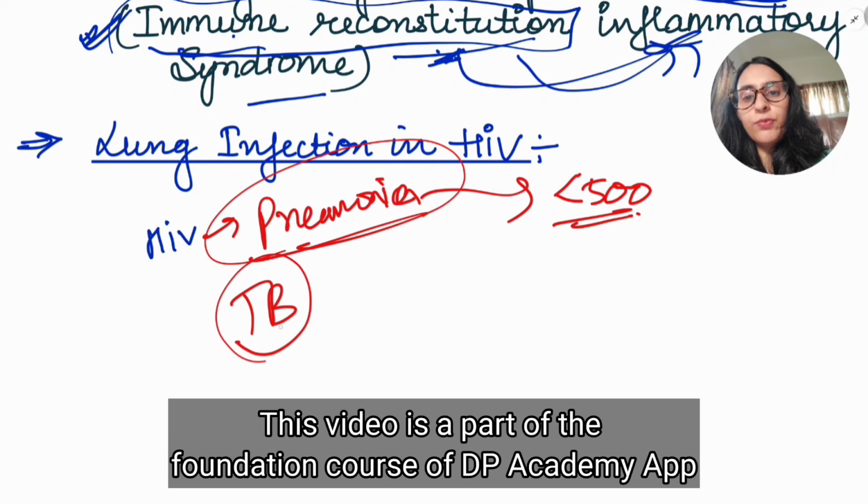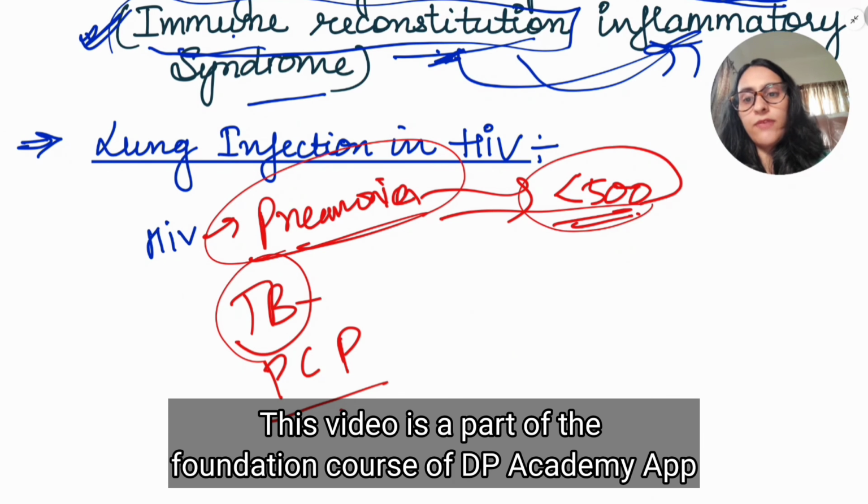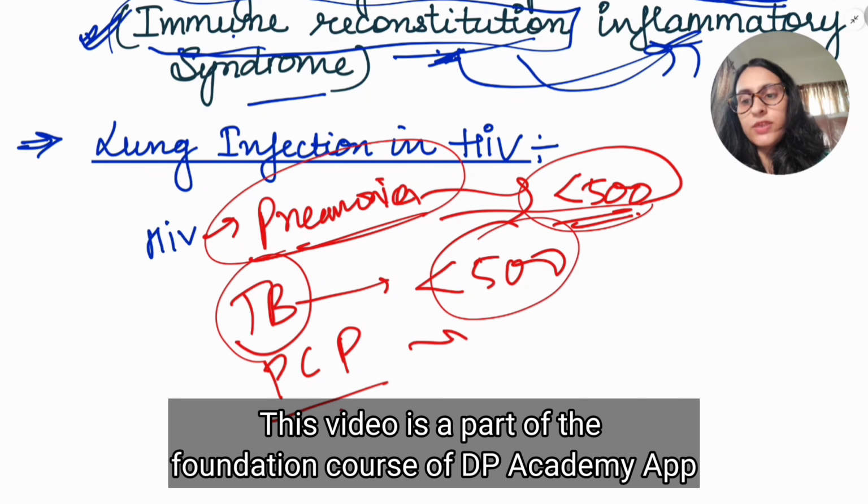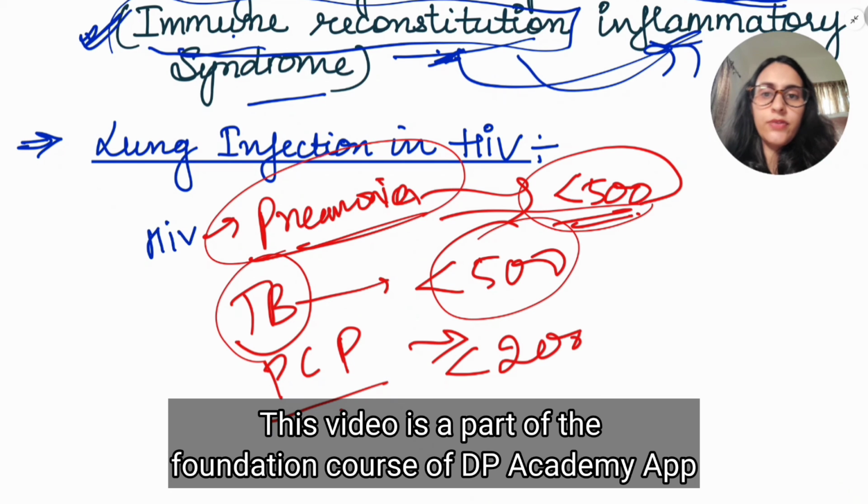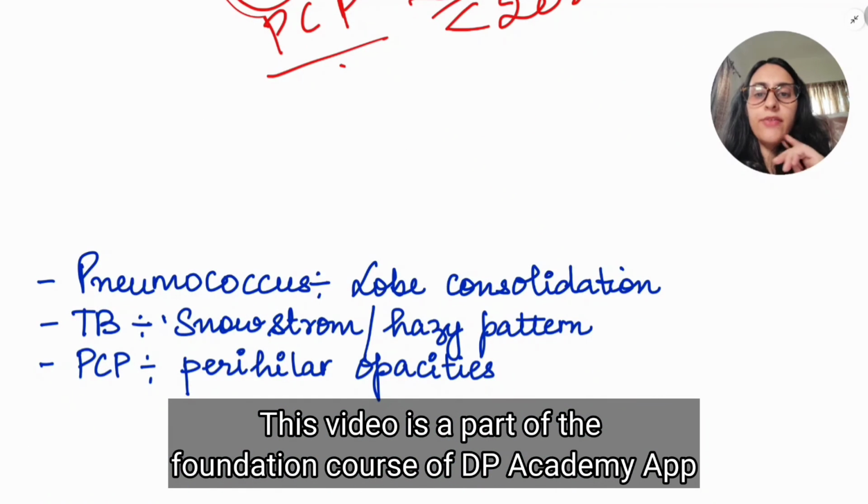And the person can have TB, or there can be pneumonia because of Pneumocystis carinii. So if pneumonia is seen, CD4 count less than 500, TB is also seen if CD4 count is less than 500, and Pneumocystis carinii, that is CD4 count less than 200 we see.